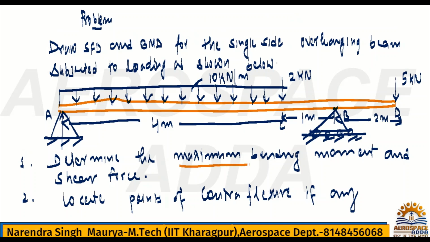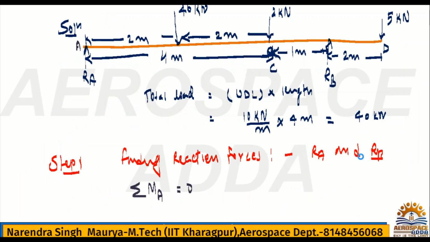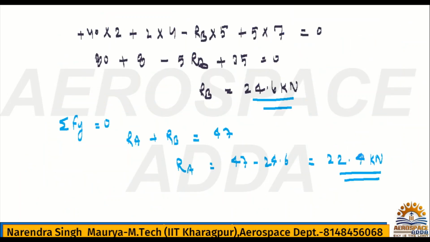See, this is the line. Okay, so maximum bending moment, where will we get the maximum bending moment? So this point you make the note of it. Always remember, the maximum bending moment you will get where shear force is what? 0. Where the shear force is 0, the maximum bending moment will occur there. Okay, so always remember here.